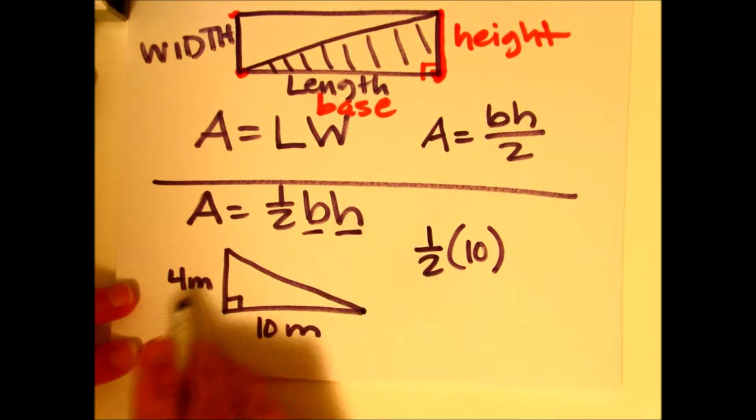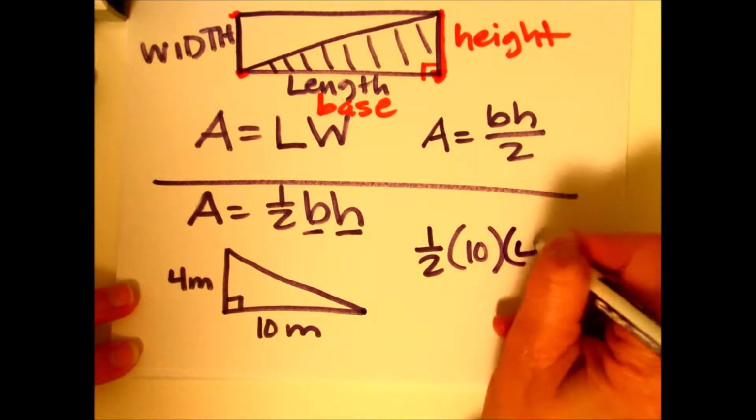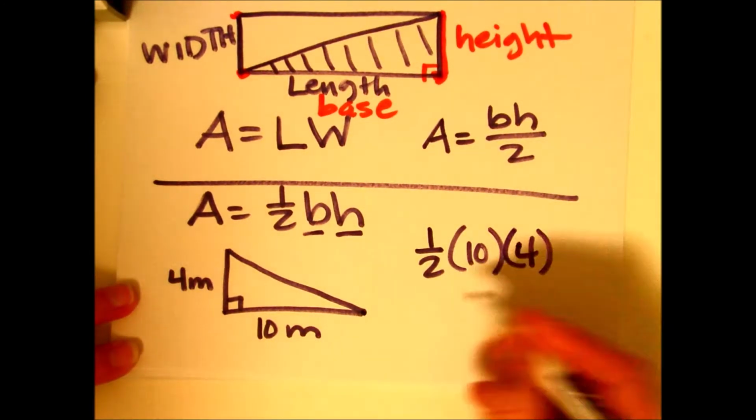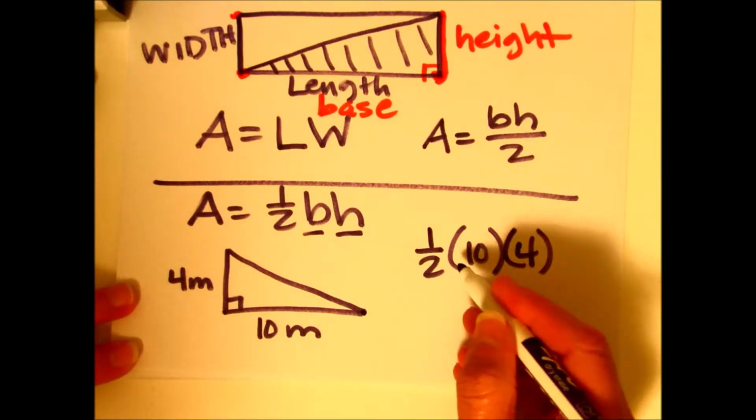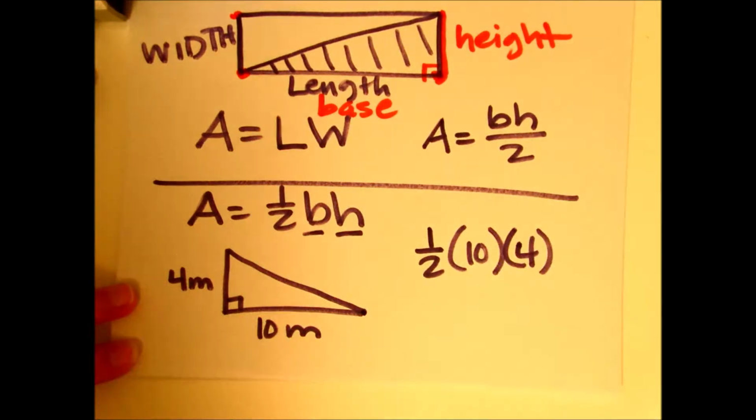And then the height is going to be the 4 meters. Now I'm just using parentheses, but you could use a dot or you could use the X. I don't like to use X as a multiplication when I'm working with variables, just because I don't want you to confuse the X as a variable.